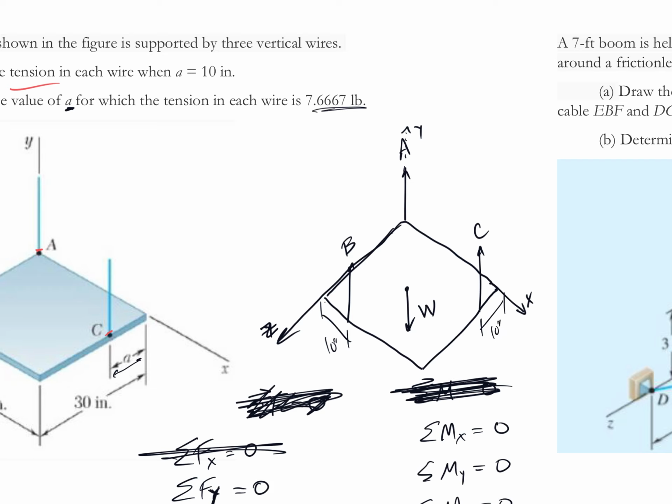This weight is acting right in the middle, so if this whole thing is 30 inches, then that weight is acting at 15 inches, and from all sides. So I could do it this way as well. So it's going 15 over here. For now, just trust me, it's happening at the center.